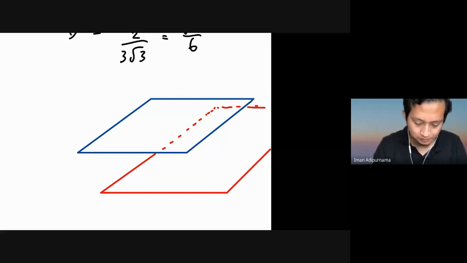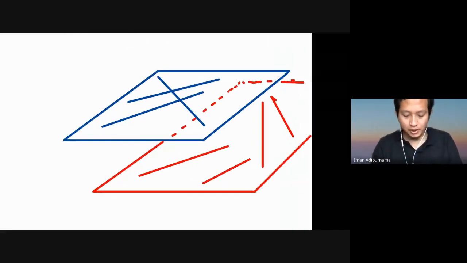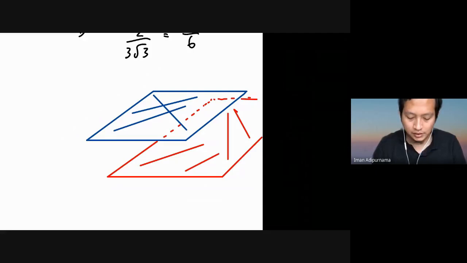If we draw a line here and a line here, any line that you draw in each plane does not intersect the other plane.